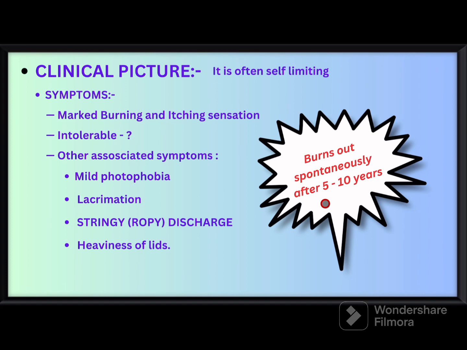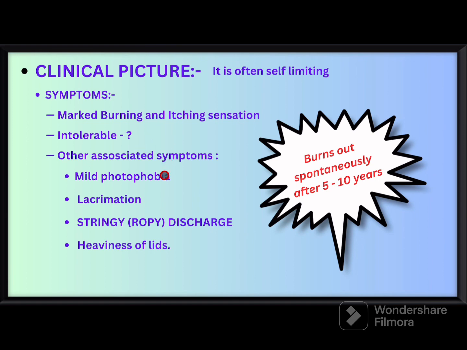So if you consider the clinical picture, the first thing you should know is because it is an allergic disorder, it is often self-limiting. Coming to the symptoms, spring catarrh is characterized by marked burning and itching sensation. Now this becomes slowly intolerable and is accentuated when the patient comes in a warm, humid atmosphere.